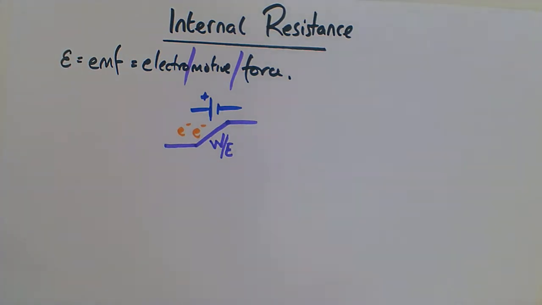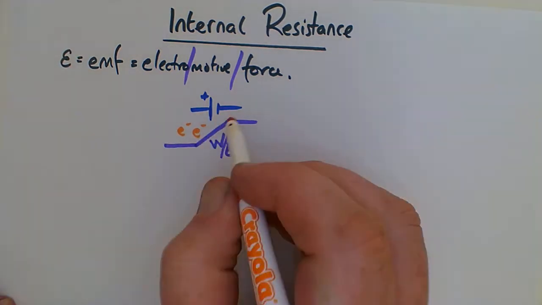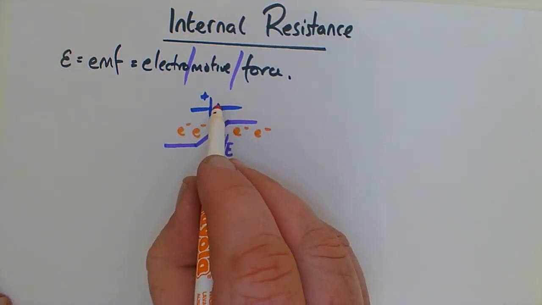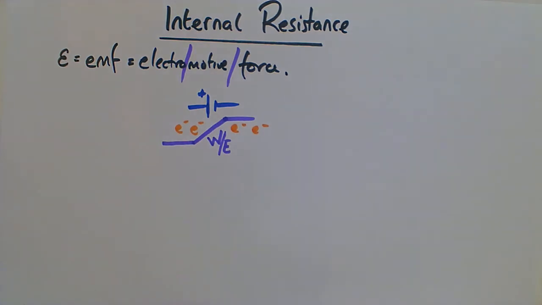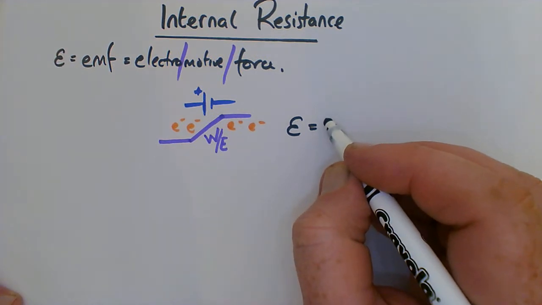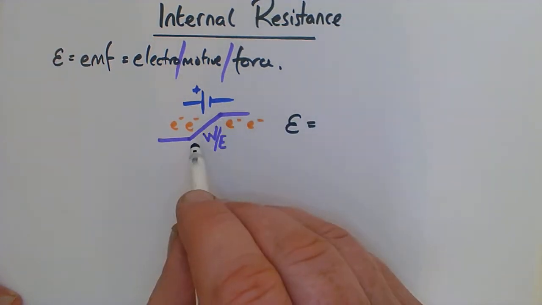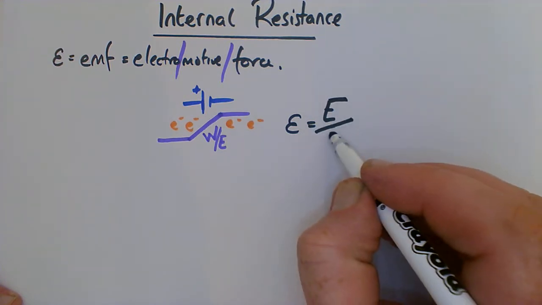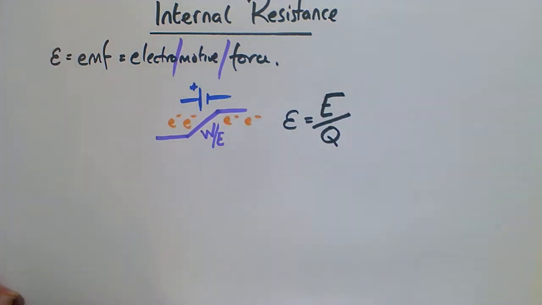Right, so work or energy is done on pushing those electrons through the cell. Now when they get out of the cell, they're quite happy to race away then, because they're negative and negative, right? So the electromotive force is basically the work done or energy transferred on a unit of charge.